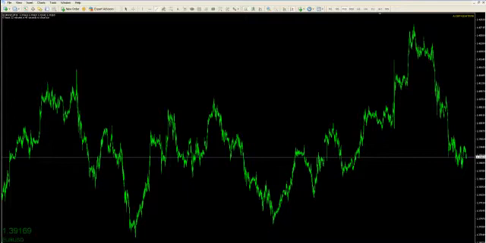So first off, I use the 15-minute time frame for my lowest time frame. I also trade the 4-hour at times, and sometimes the 1 hour if I want to get in a smaller entry.